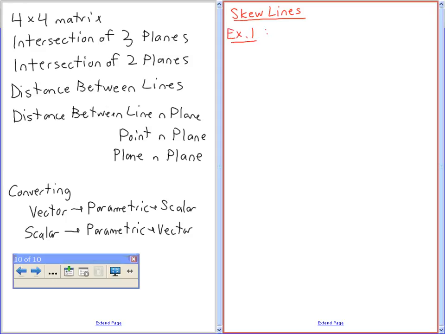Simple one. Find the distance between a line through the points.